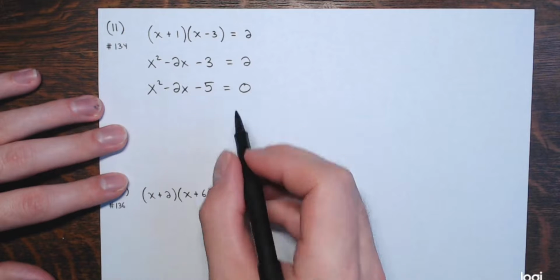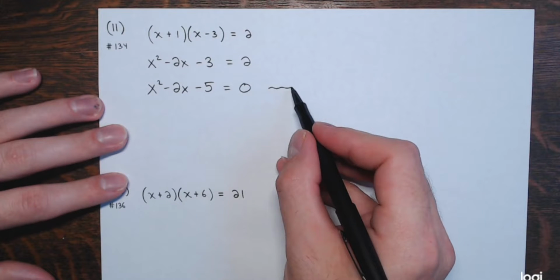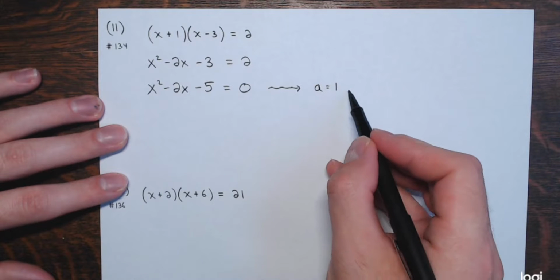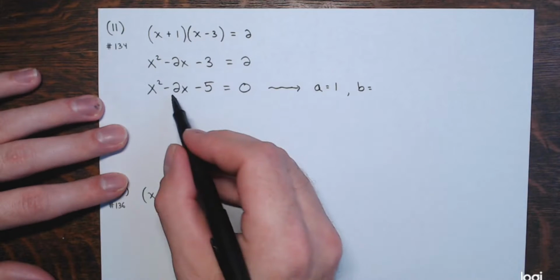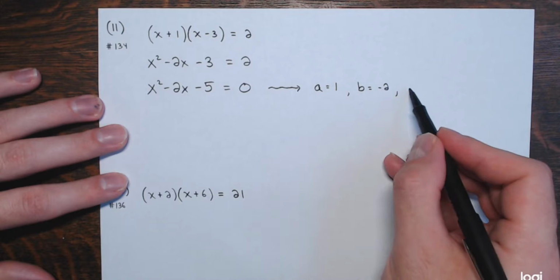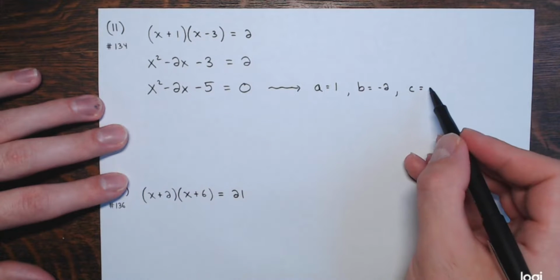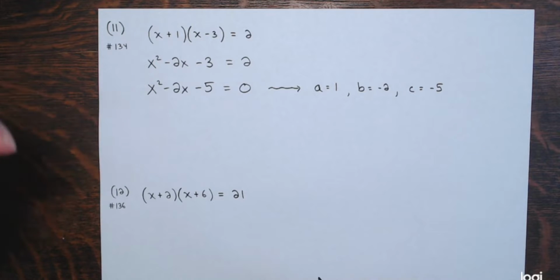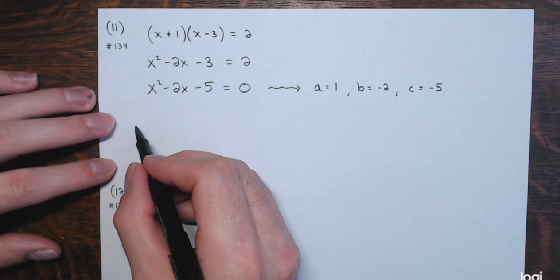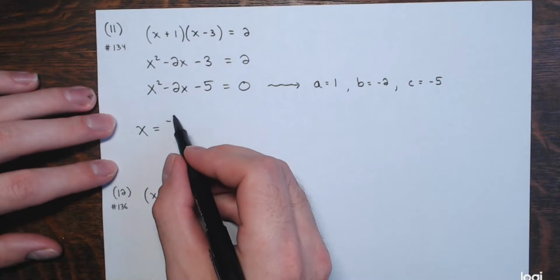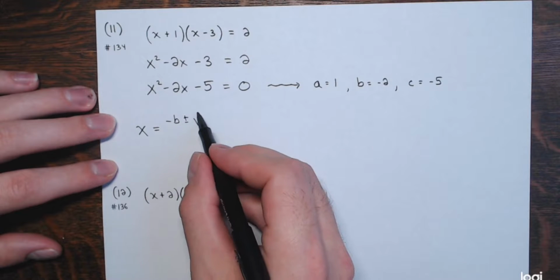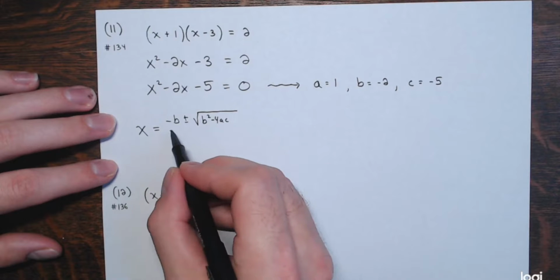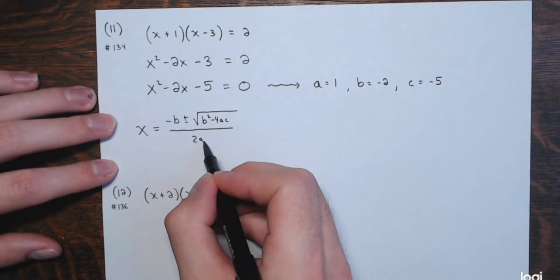Now I'm in the form that I want. Now I can identify a, b, and c. a is 1, b is negative 2, and c is negative 5. And now that I'm in that form, I can jump to the solutions in the quadratic formula. x equals the opposite of b plus or minus the square root of b squared minus 4ac, all this divided by 2a.